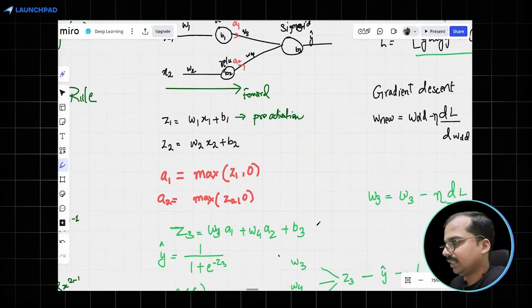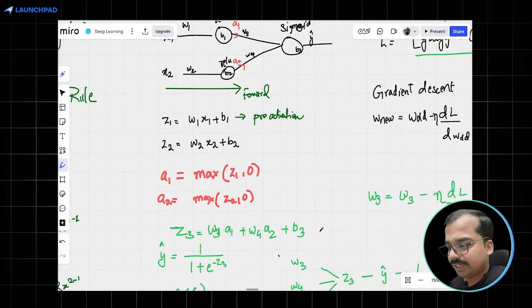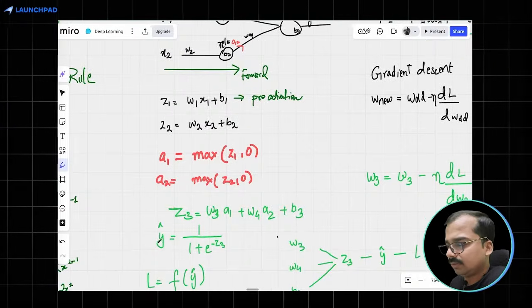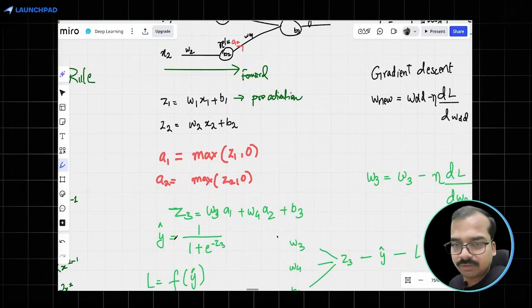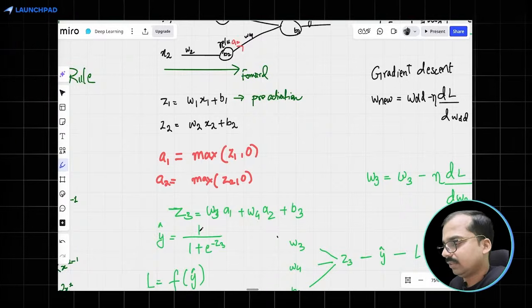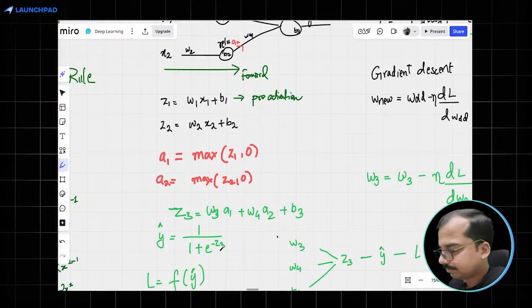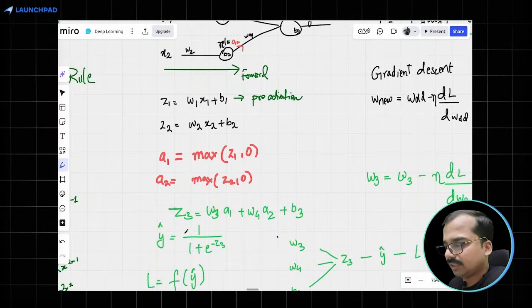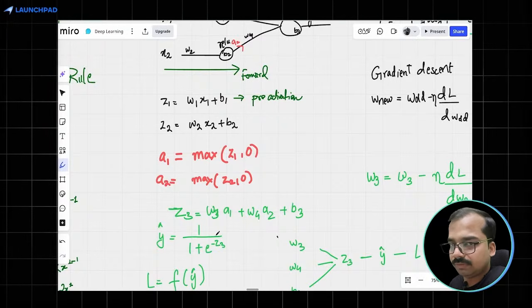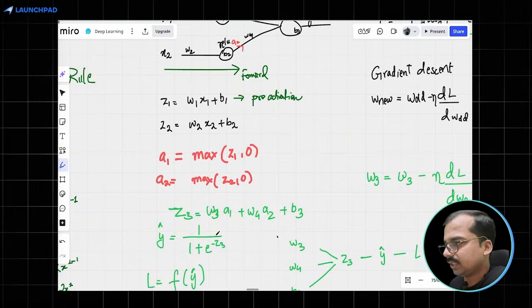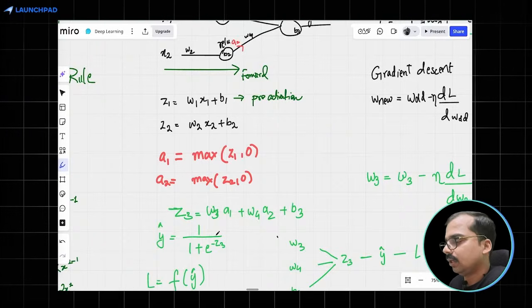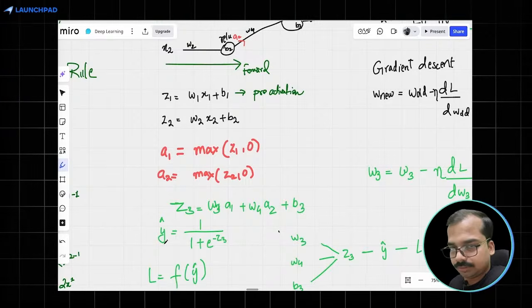This is the weighted sum before activation, and sigmoid will give me the final prediction. So y hat is 1 upon 1 plus e to the power minus z3. Whatever the value is, it will always be between 0 and 1. If you remember, the sigmoid activation function always gives a value between 0 and 1. So I'll get my prediction.